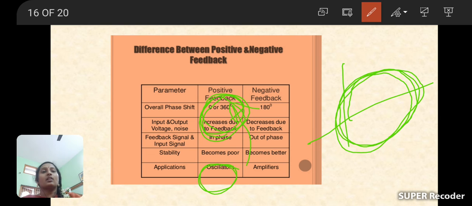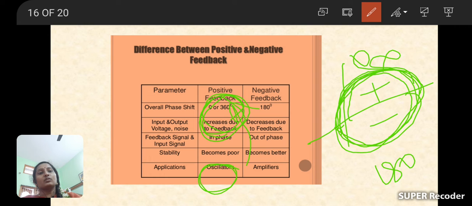Why? Because oscillation means it has both a positive half cycle as well as a negative half cycle. So positive 180, negative 180 means in total it becomes 360. If any circuit has the ability to produce 360 degrees phase shift, then it acts like an oscillator.